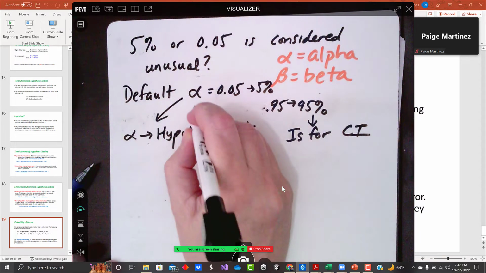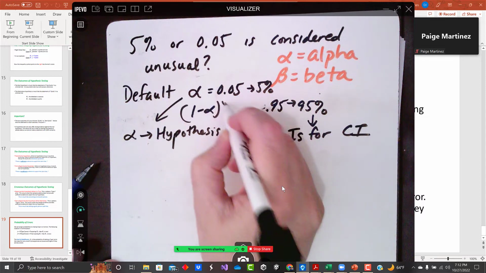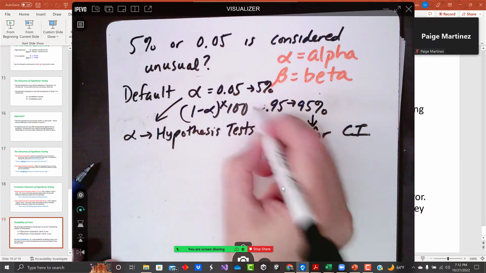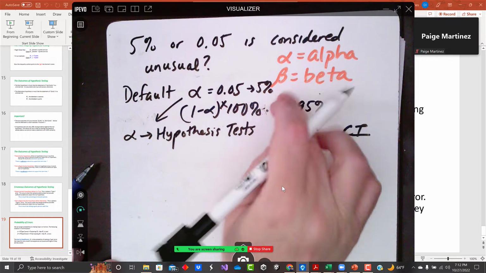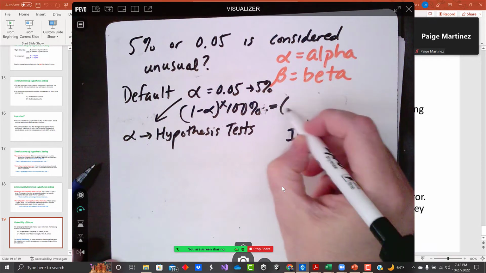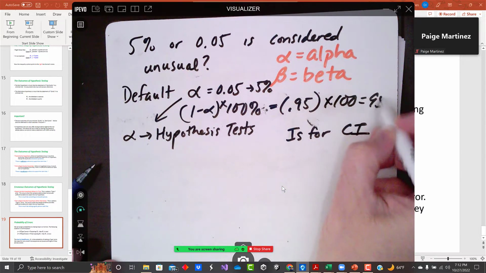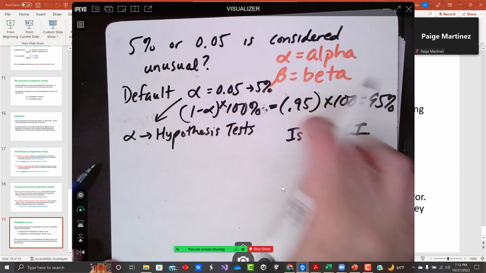If we do 1 minus alpha, though, and we multiply it by 100%, we get 0.95 times 100, which is 95%. That's what we use for our CI.